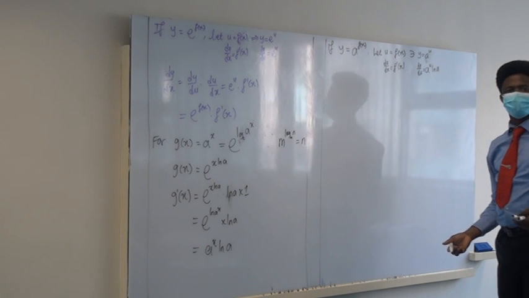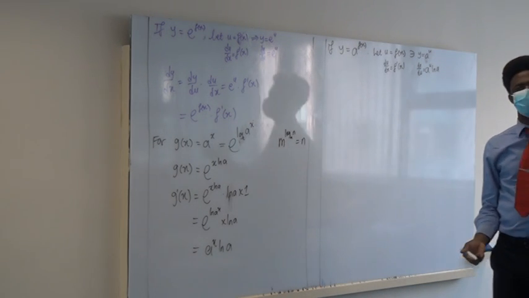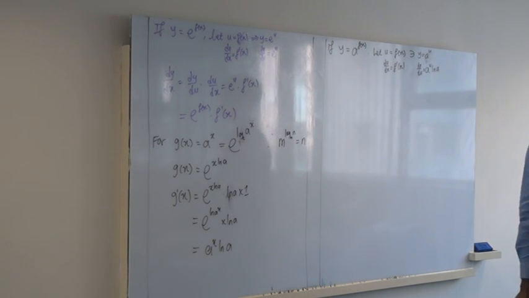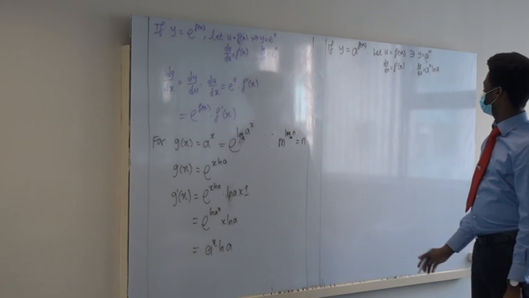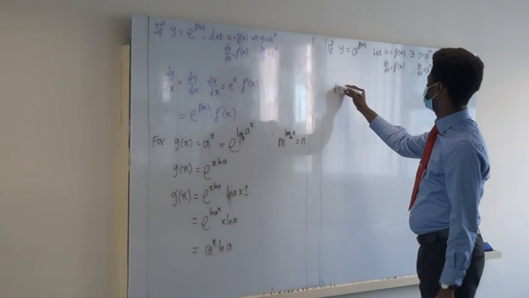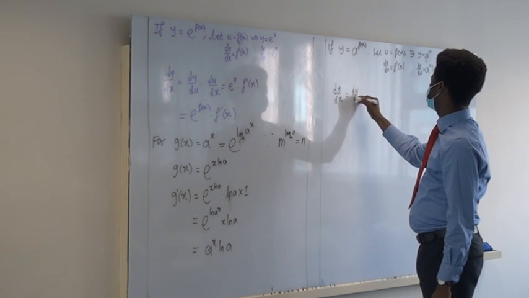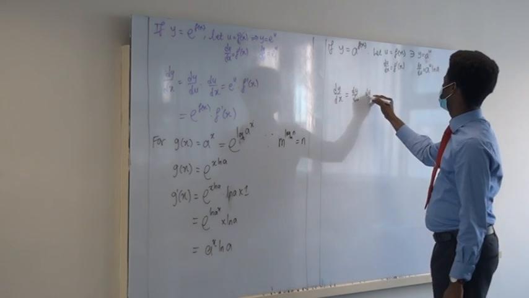When you say log a, I don't want you to see it as log base 10. That's why I like to use ln. So I just call it ln. Okay, so quickly by chain rule, dy by dx is dy du times du dx.